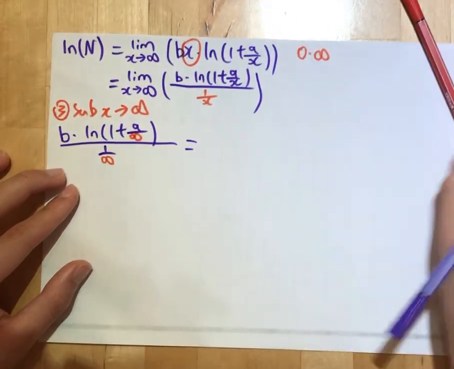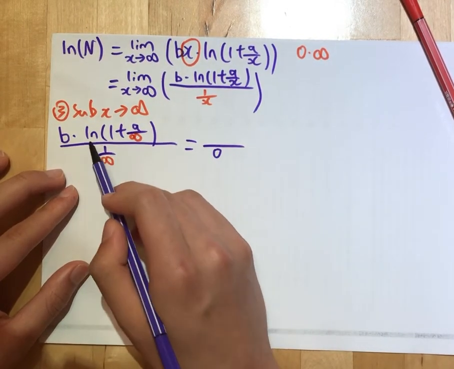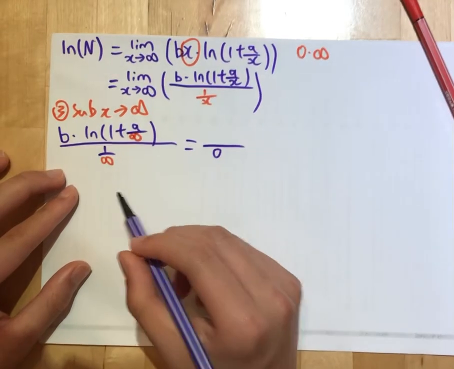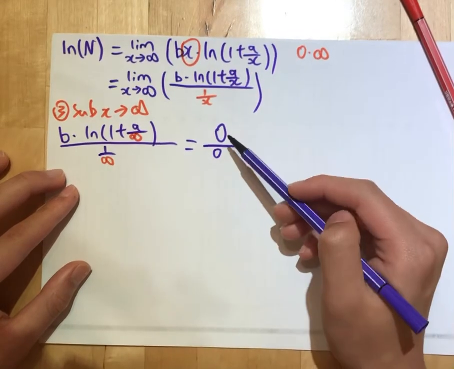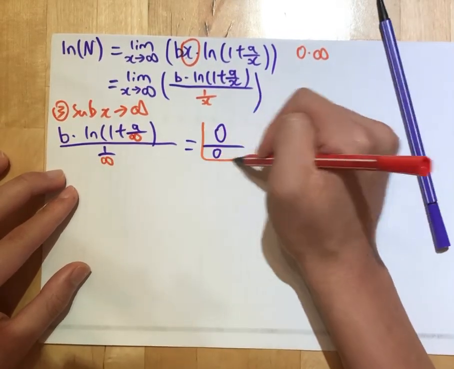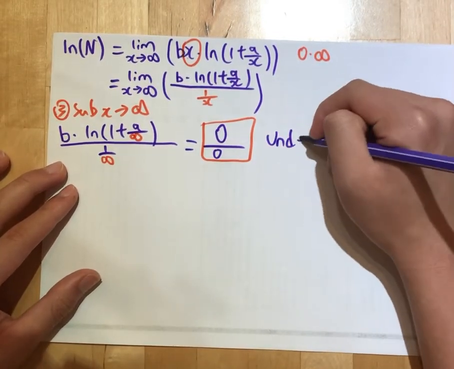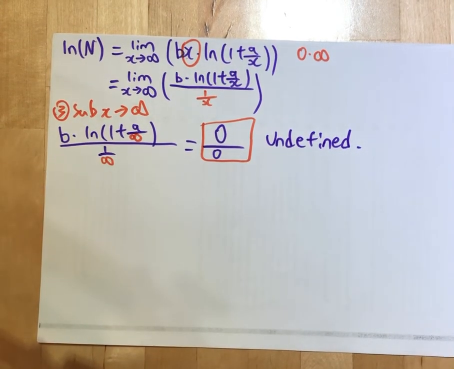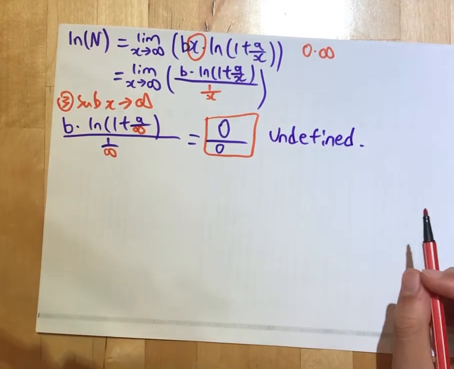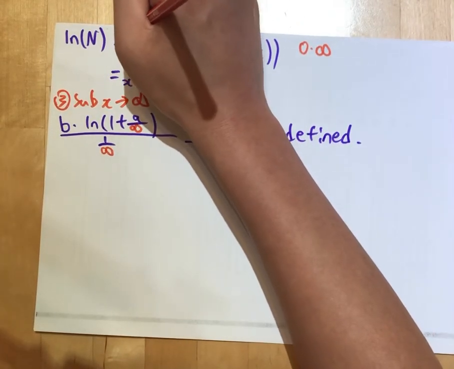So 1 over infinity is 0, and then b multiplied by natural log of 1 plus 0, which is natural log of 1, which is 0. So this is also 0. And then we end up getting 0 divided by 0. This right here is undefined, but this is a lot better than the previous trial, because whenever we have 0 over 0 or infinity over infinity, we can use the L'Hospital rule.